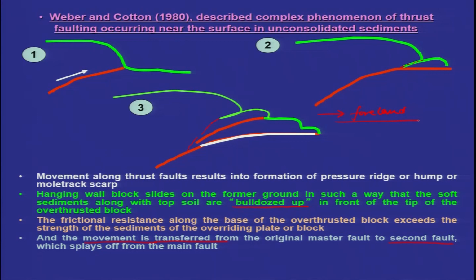So this is a very common phenomenon which we observe, and the reason is the frictional resistance along the base of the overthrusted blocks. We performed a small experiment to understand this phenomenon, and we were able to pick up the deformation pattern, which shows the forward propagation of deformation.